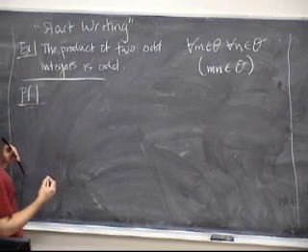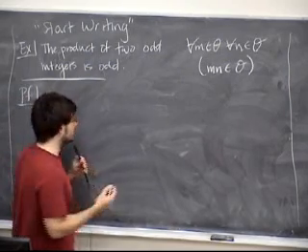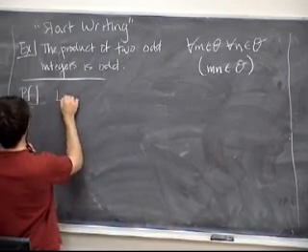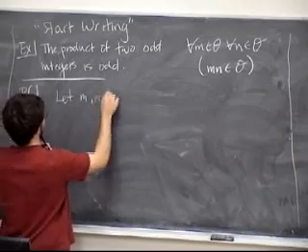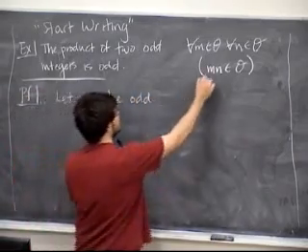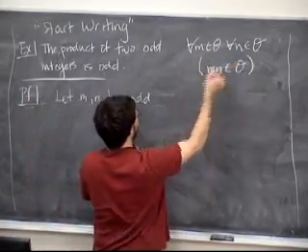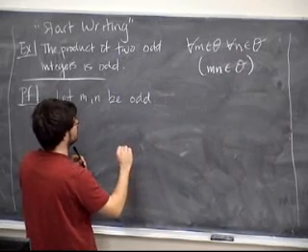Okay, so the first step to virtually any proof, the proof technique is called start writing. So probably I'm just going to start writing aimlessly. So let m and n be odd. Cool, that's a good start. We want to prove something about m times n, so it's good to know what m and n are. The problem guaranteed that they're both odd, so this is not really a stretch.